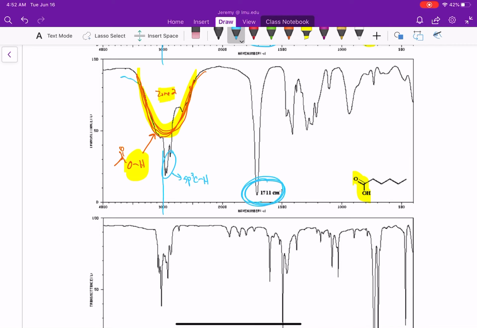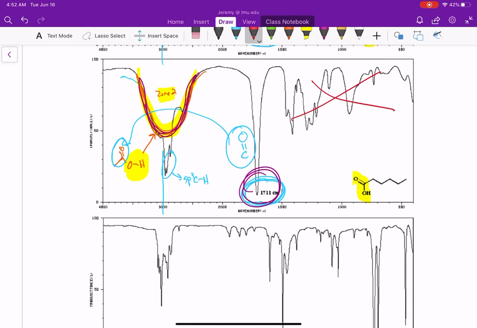Of course, we have that large carbonyl peak. So this is the carbonyl peak of the carboxylic acid. A carboxylic acid is going to have these two big peaks, the OH in zone 2 and your carbonyl. We can ignore everything below 1500, and clearly we have a carboxylic acid.